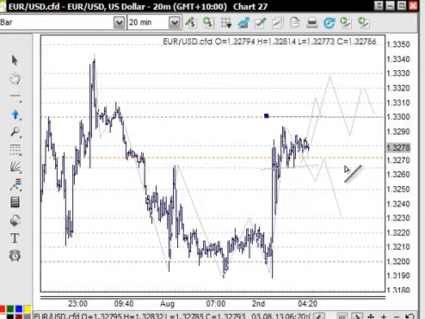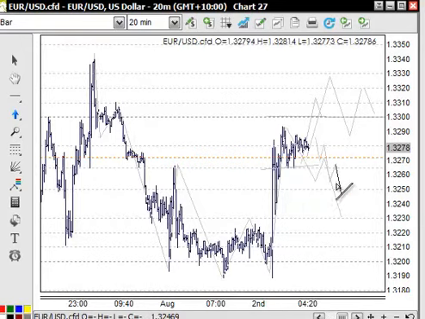But let's just allow this to play out and give this enough space to see if we're right through here. So what we want to be looking for from here is a nice little clean impulse wave, a 5 wave structure, and then an A and a B and a C through here. So it's a very iffy sort of area here, so let's just allow it to unfold.